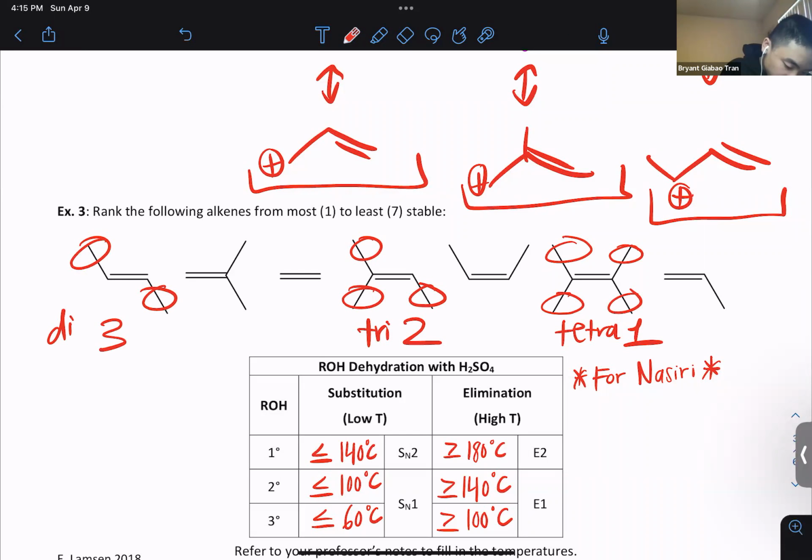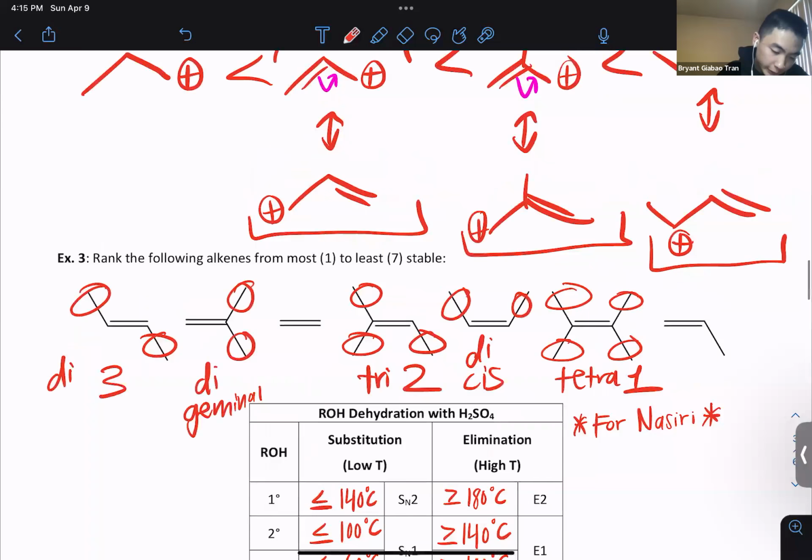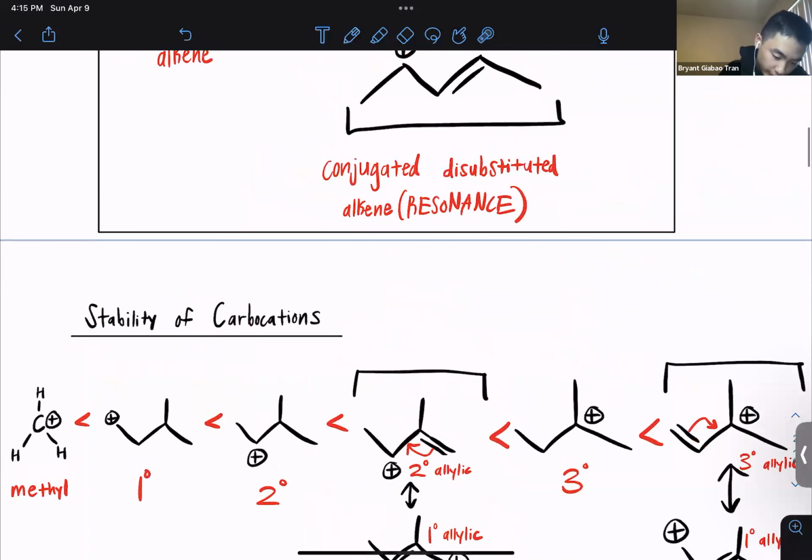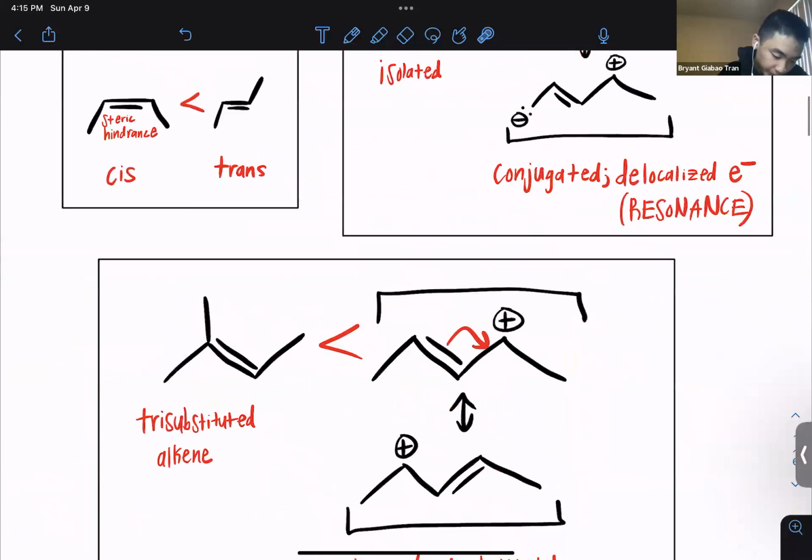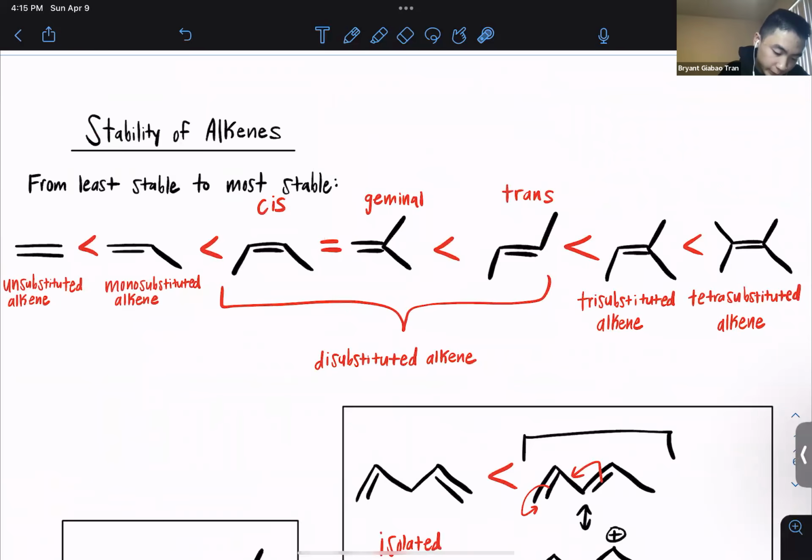Then we see here, we also have a di-substituted alkene, but this is a geminal alkene, 4. And we see here, this is also a di-substituted alkene, but this is a cis, 5. So we said earlier that the cis and geminal alkenes are similar in stability.